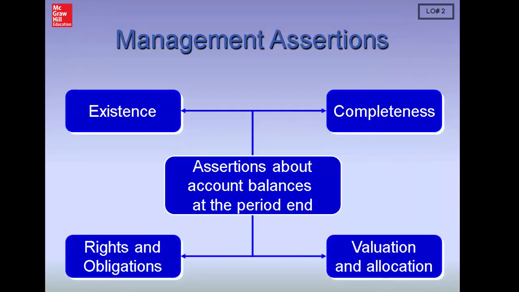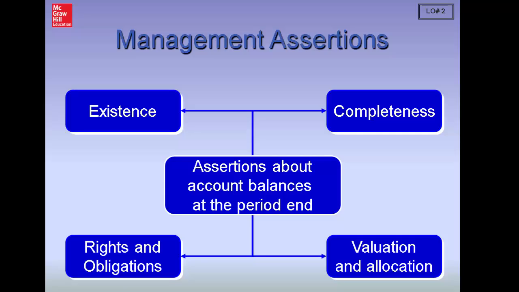The other piece of it relates to assertions about account balances. Now, when you think about account balances, you want to think about the balance sheet. So in the account balance, what we're looking at is existence and completeness. Now, you notice that these are complementary items related to the same balance.